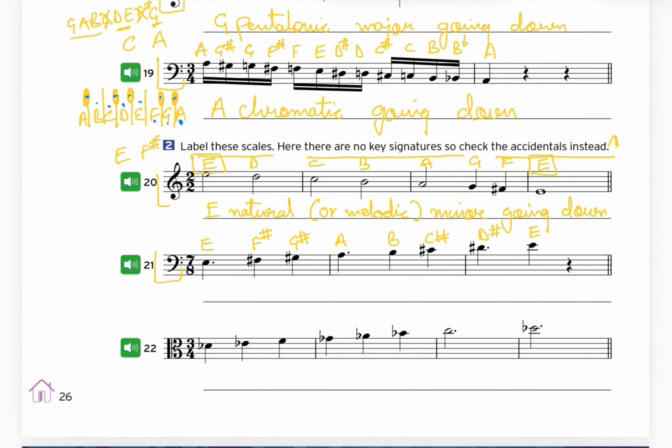So now we can see easily there are four sharps. That is Fat Cat Goes Down. And that is the key signature for our E major scale. Okay. So this is simple. This is our E major scale going up.